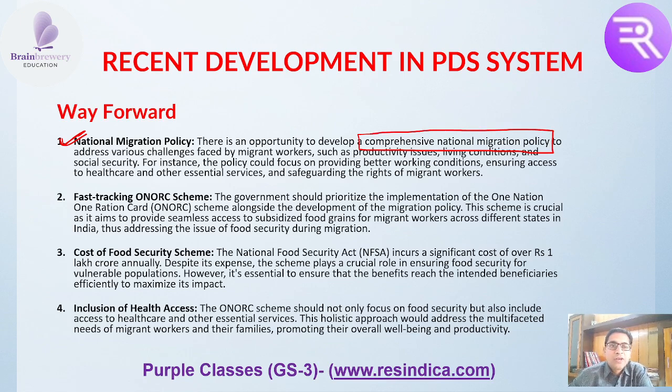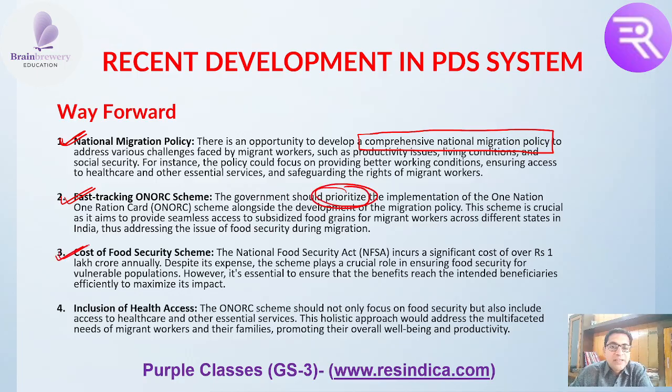Everything has to be written in that national migration policy, which should be adopted by everybody. Then fast-tracking the one nation, one ration card scheme, because the lack of it is creating problems for migrant workers, as they are not getting proper entitlement of the PDS system. That is why we need to fast-track it. We have to prioritize that.